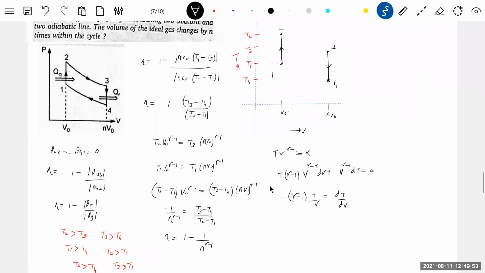This is the expression for dT by dV, the slope we have in terms of T and V. What can you say about the slope? There are only two things. Either the curve will be like this or should be like this. Which curve should I take?